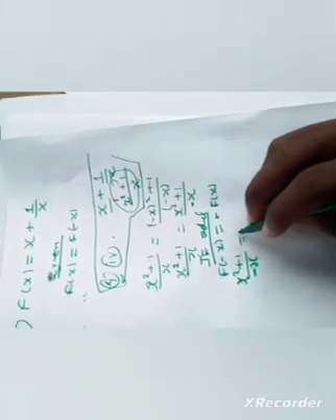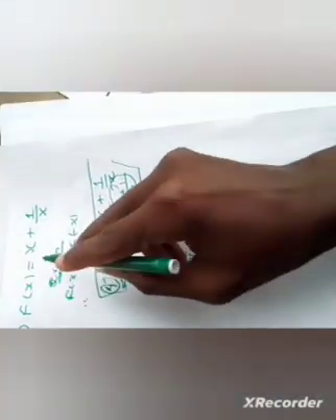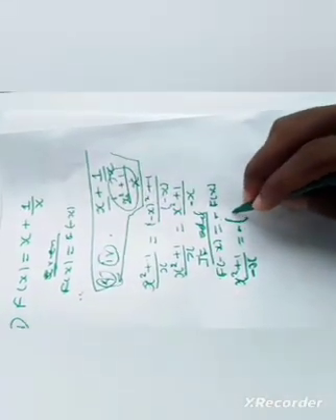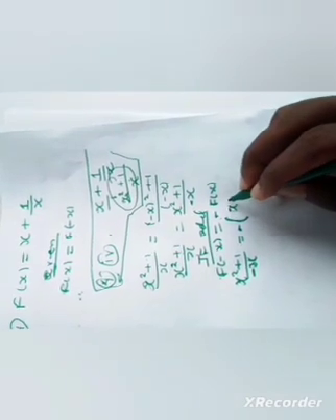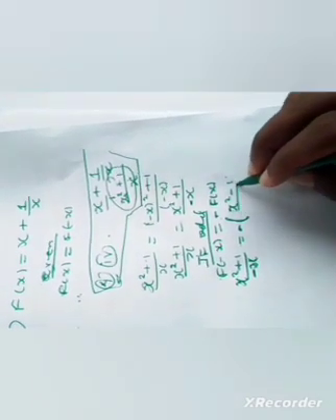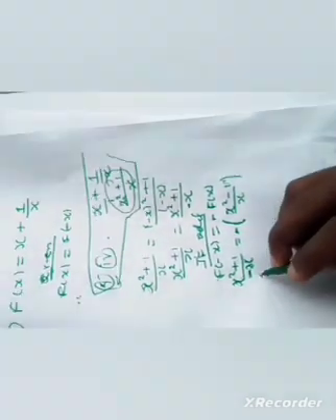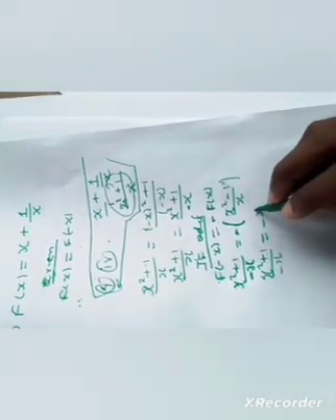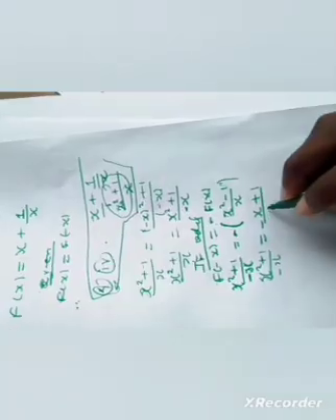What if I multiply the original function, which I've simplified into a single fraction, by a negative? What am I going to get? Negative x plus 1 over x.